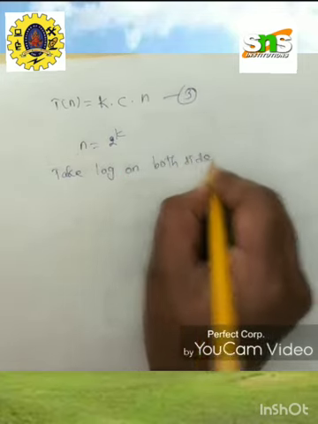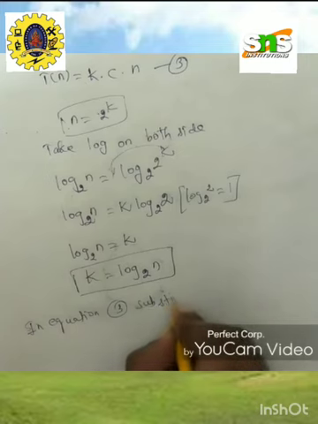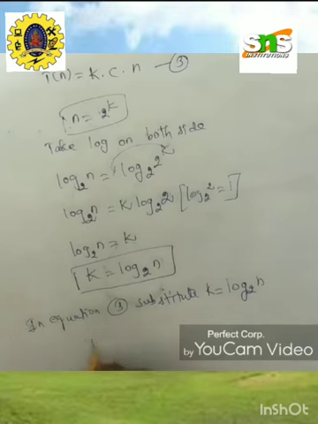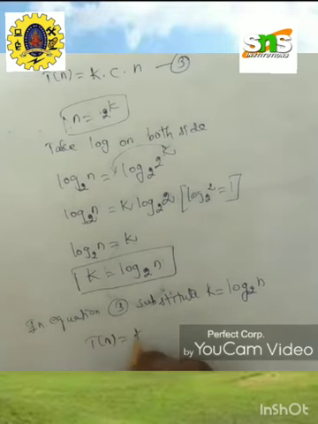In equation 3, substitute k equal to log n to the base 2. What is equation 3? T of n equal to k into c dot n.